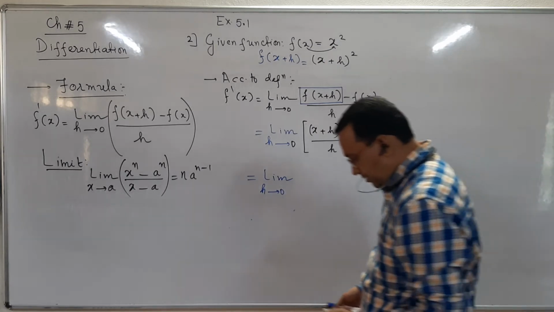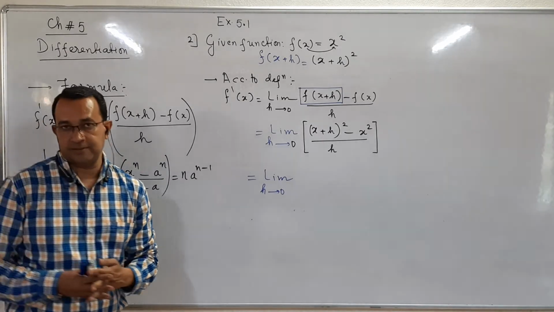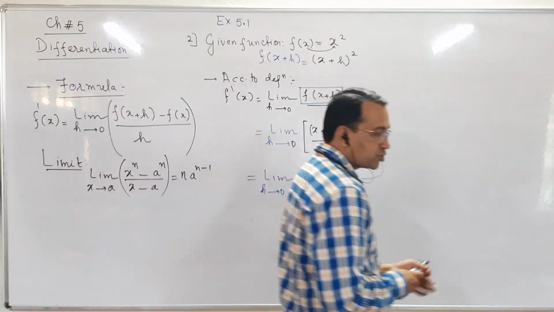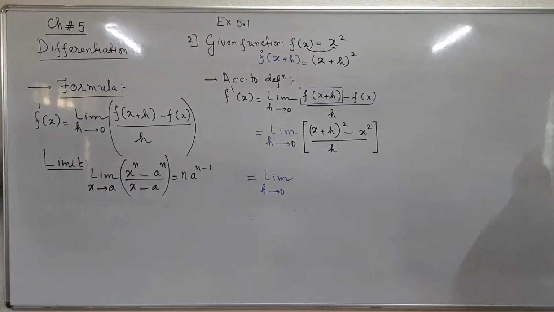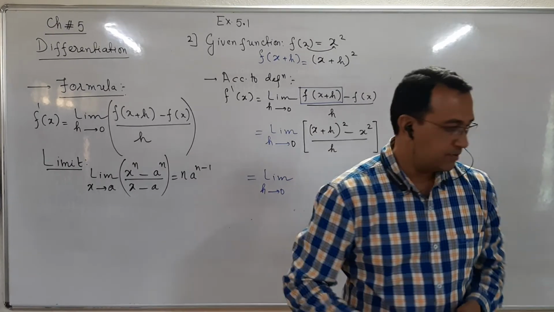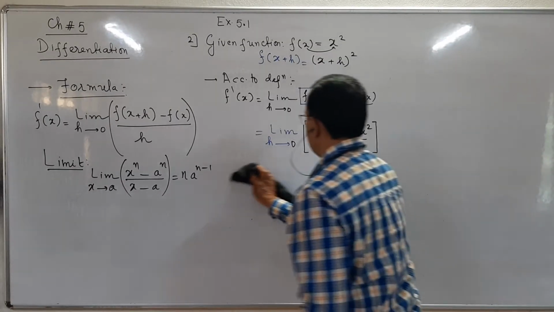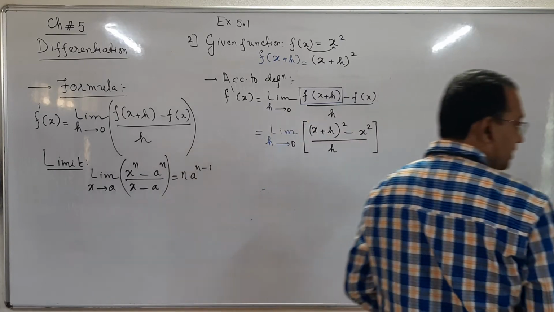Students, derivative and limit are closely interconnected. What I am saying, students, derivative and limit are closely interconnected. Now all of you know how to do this. There is only one term in the first term, x plus h. It should be only x term, only t term.